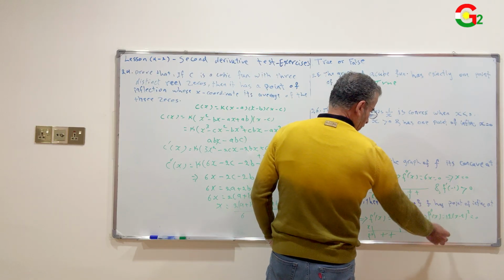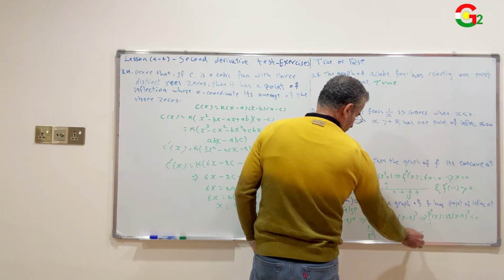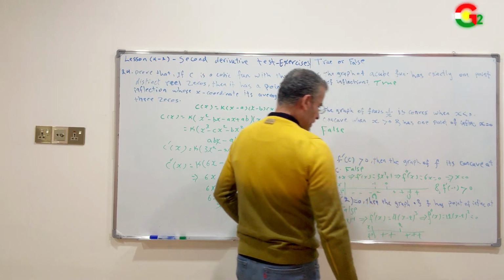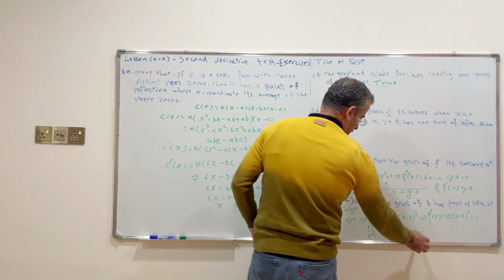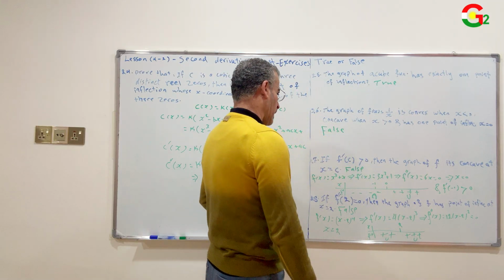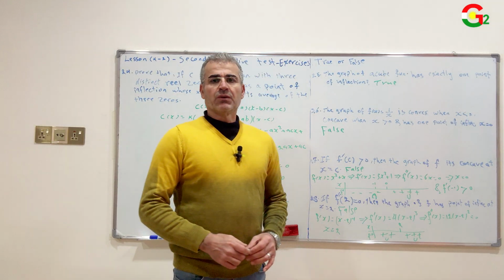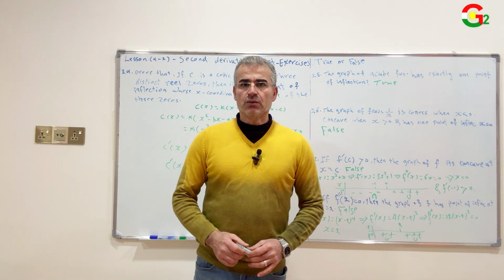After 2, at 3, 3 minus 2 is 1, also the second derivative is positive. Therefore, the function is concave up everywhere, and 2 is not a point of inflection of this function. See you next lesson.